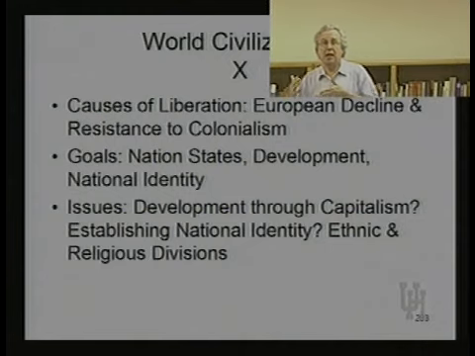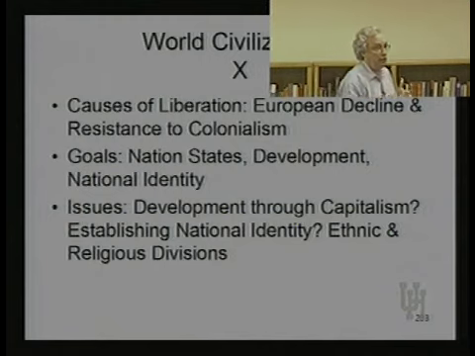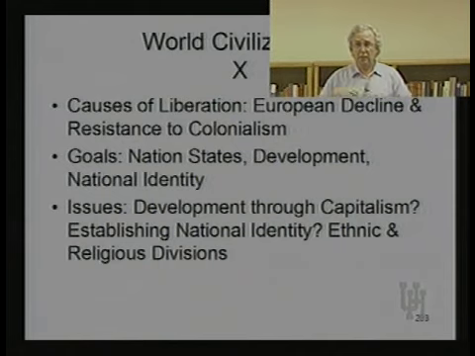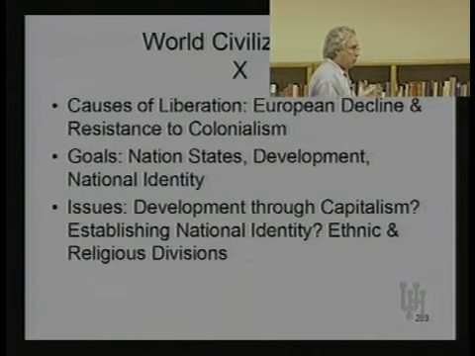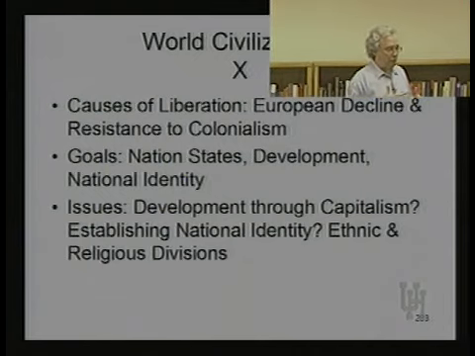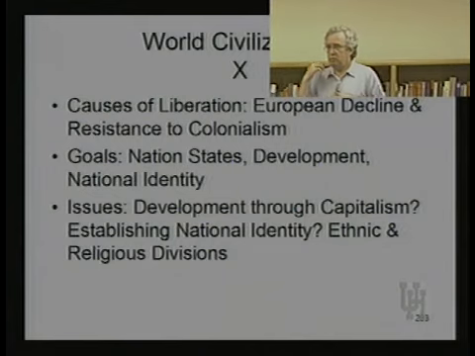And on the other side, mounting resistance in places like India and Vietnam and the Middle East, driven partly by economic change, the rise of new social classes, the rise of Western educated elites who use that education to offer alternatives to colonialism.